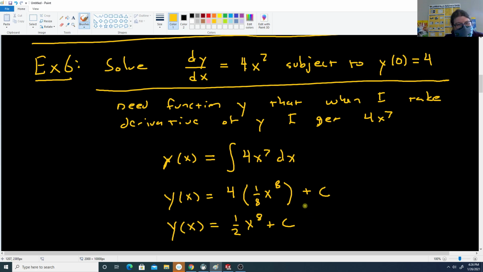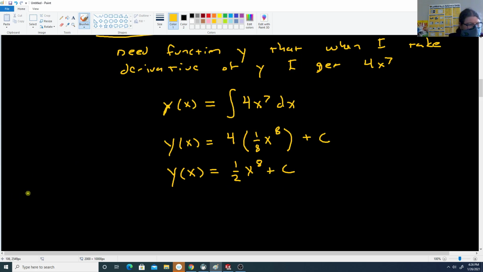Well, at this point, this is where we use the initial condition, y of 0 equals 4. This will let me figure out what the c value is for this particular problem. If you don't have an initial condition, then this is as far as you can really get. But once they tell me, if I have y of 0, that would equal 1/2 times 0 to the 8 plus c.